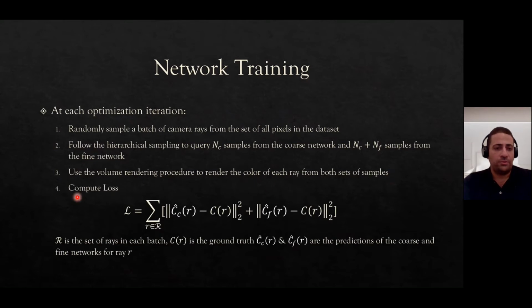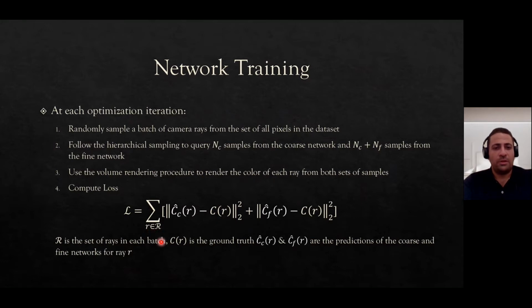Now, what's interesting is when we compute the loss. So this is the loss function. It looks complicated just at first sight, but when we break it down, we are summing over all the rays in the set R. Capital R is all the rays in each batch, and small r is our ray.